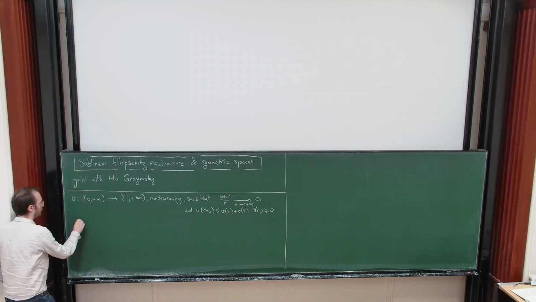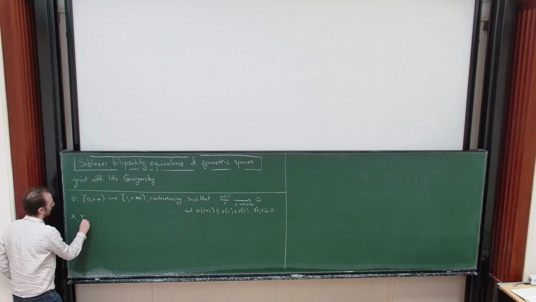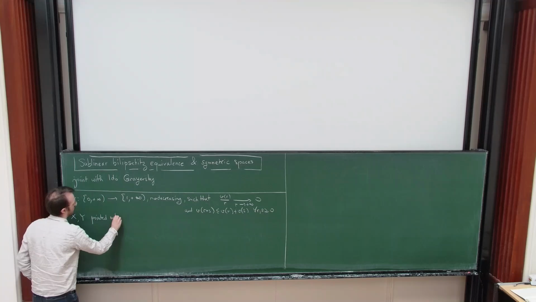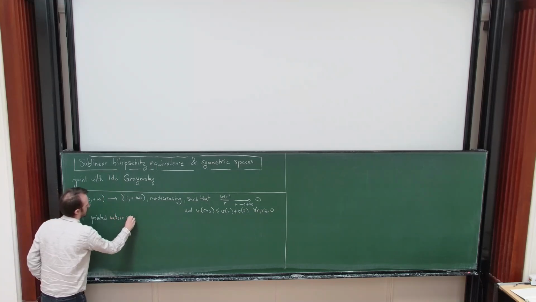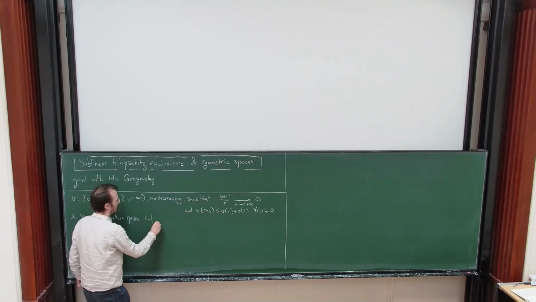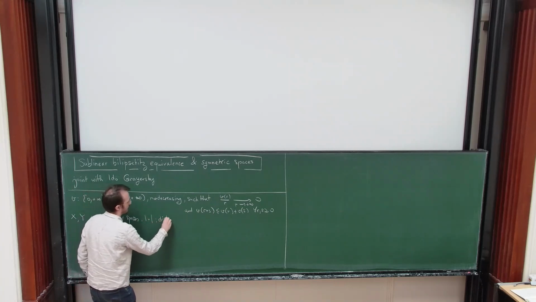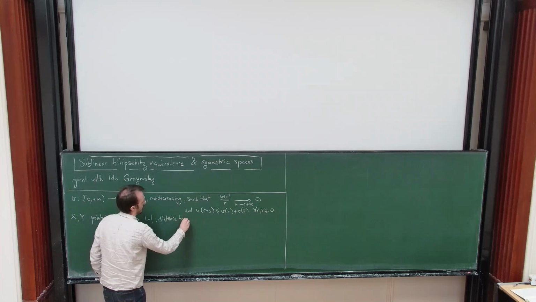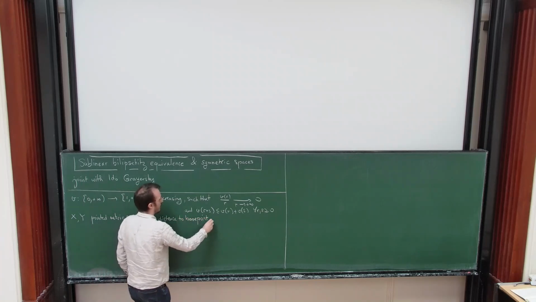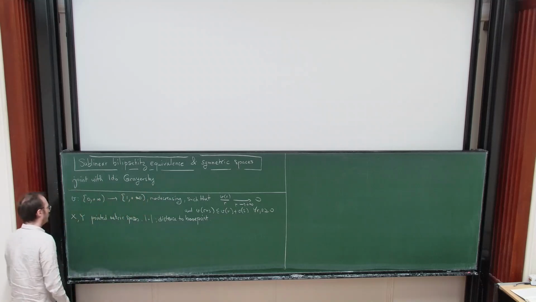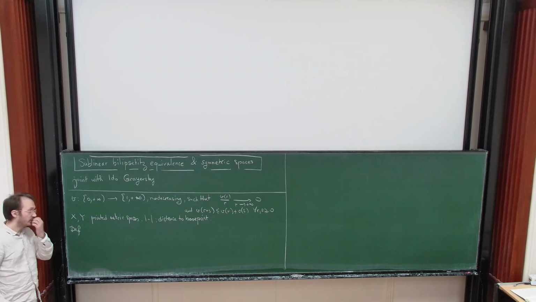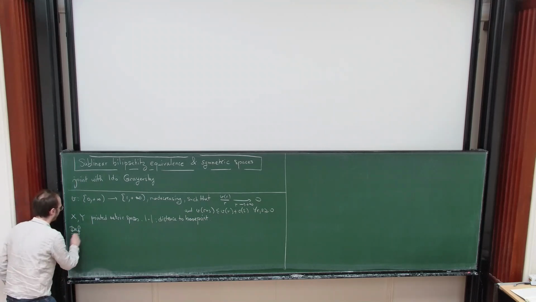Now I need two spaces, X and Y. They are pointed metric spaces, and I will denote the distance to the base point in this way, in both spaces.